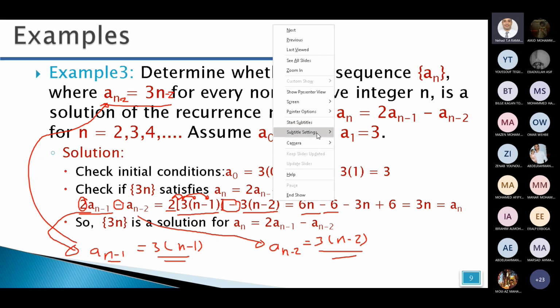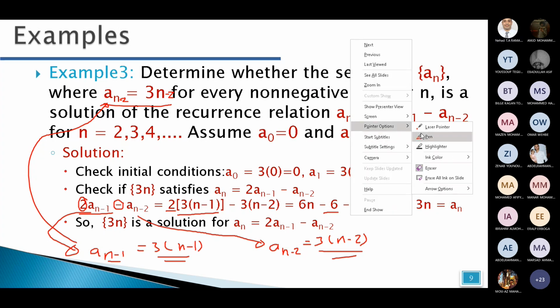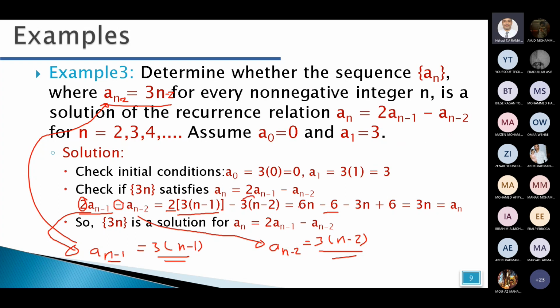Okay, continue. Minus 3 multiplied by n, so it's minus 3n. Minus 3 multiplied by minus 2 is plus 6. Minus 6 plus 6, gone. Okay, 6n minus 3n is equal to 3n. Look at 3n here. What is it equal to?